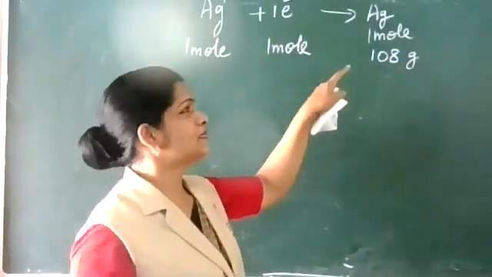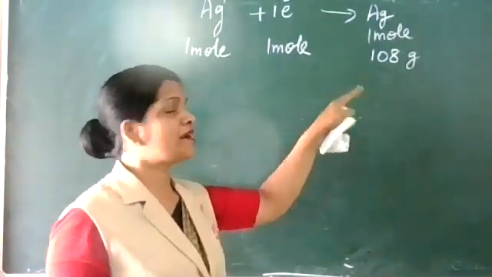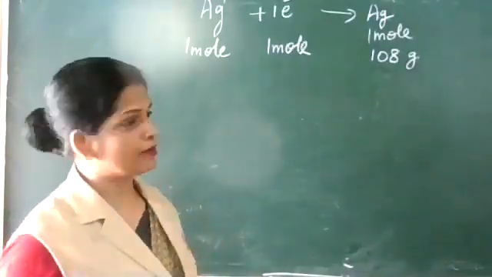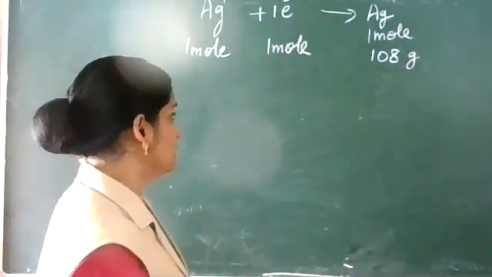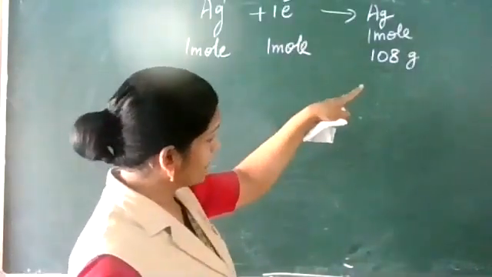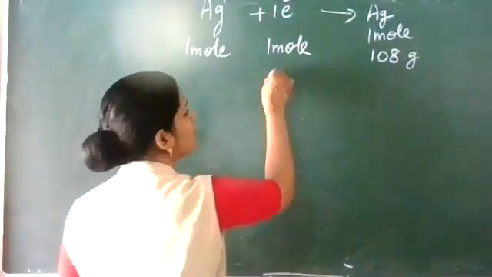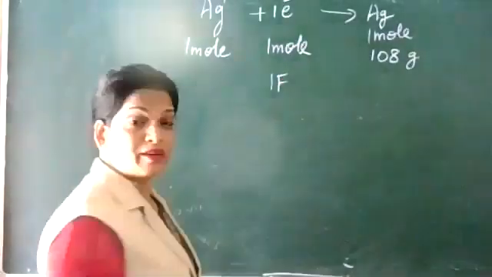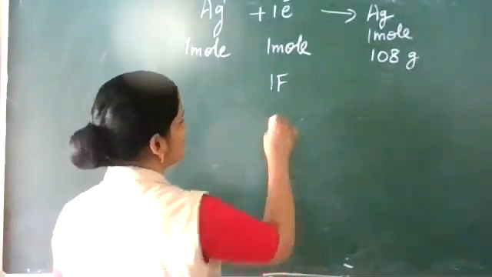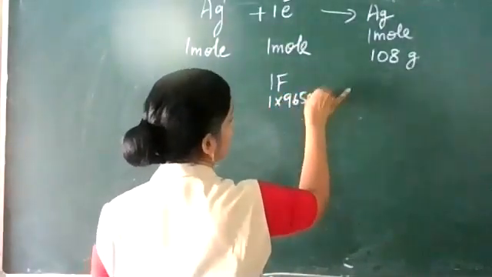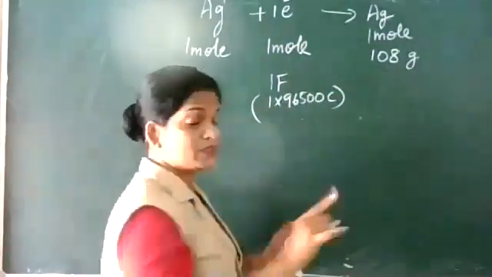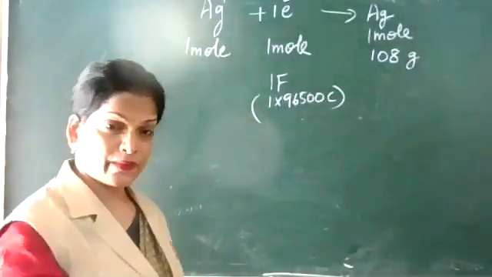So I will get 1 mole of silver, meaning 108 grams of silver. This is the relation: to get 108 grams of silver, 1 Faraday of electricity is required. 1 Faraday means 1 into 96,500 coulombs. So this is the relation for silver.